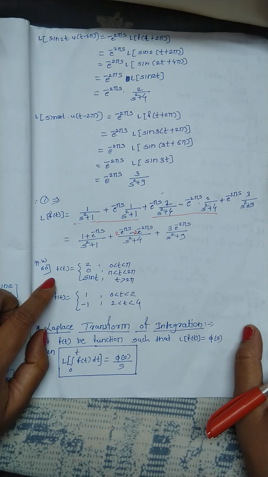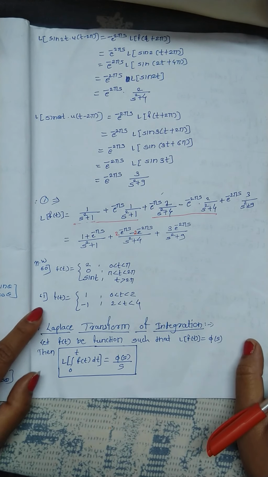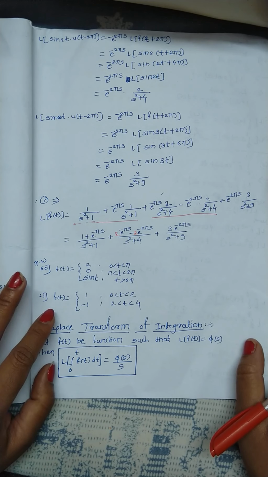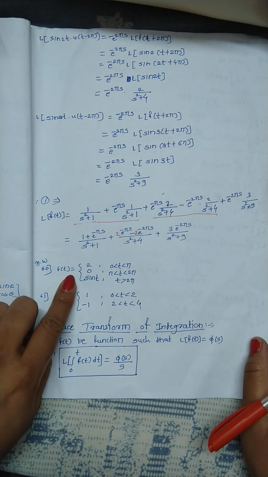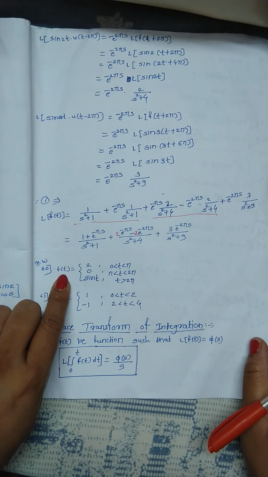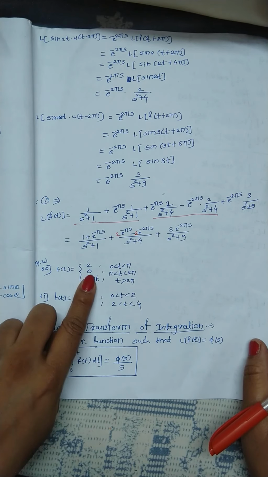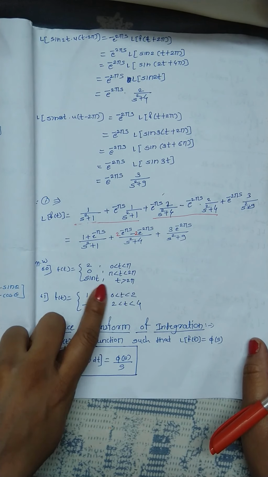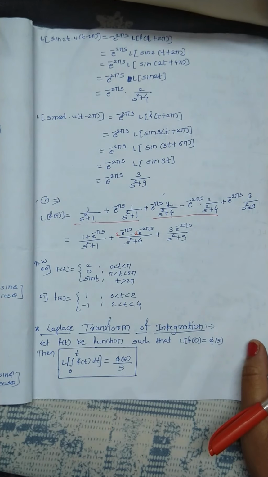This is the 59th question we have just solved using the unit step function. Now here are 2 more homeworks for you. The first one contains sine also. So f(t) is 2 between 0 to pi, it is 0 between pi to 2 pi, and it is sine t for t greater than 2 pi. Just solve this as it is.